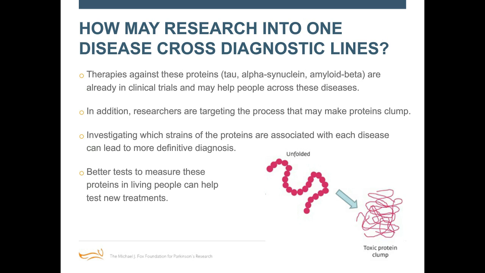And one of the ways that we've been looking at trying to improve these conditions is by preventing this aggregation or clumping of proteins. So one way of doing that is by using an antibody-based approach.